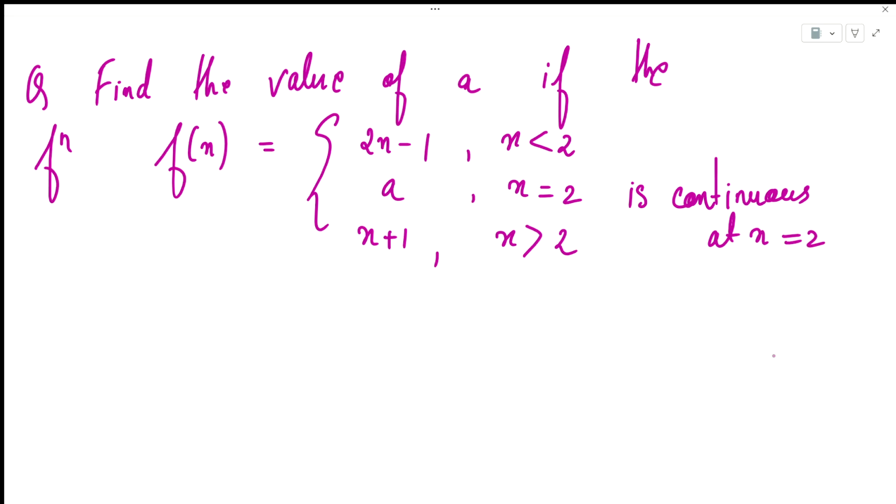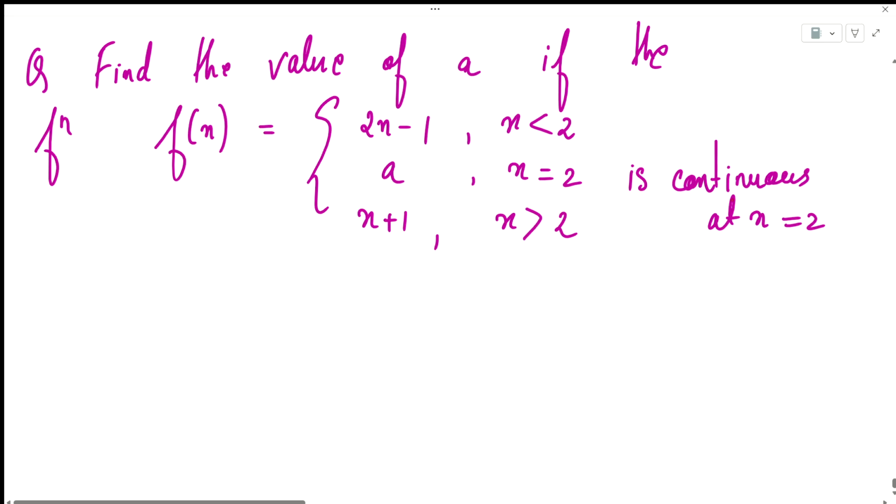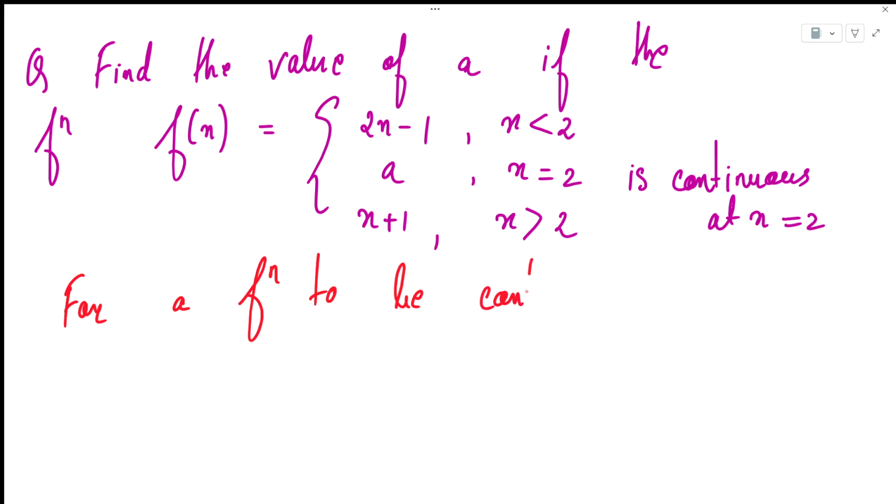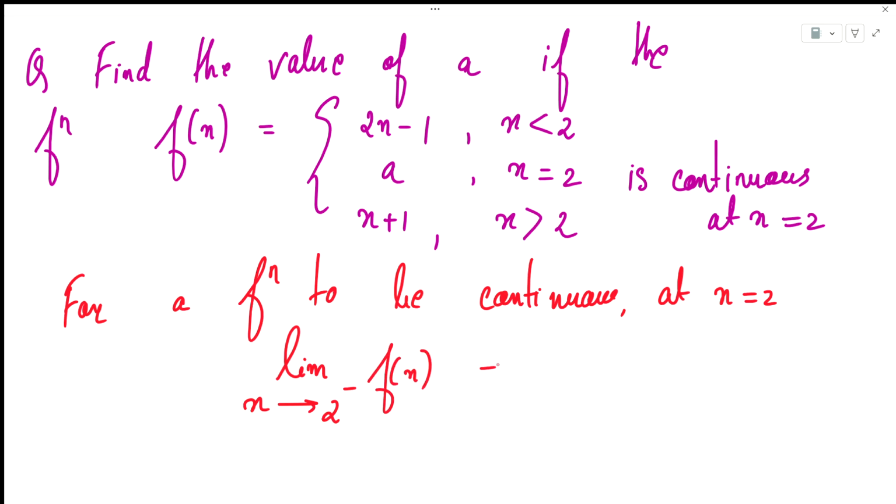So see, how do I solve this? Basically what I'm gonna do is, we are given that our function is continuous at x equal to 2. So we know that for a function to be continuous, limit x tends to 2 minus f of x will be equal to limit x tends to 2 plus f of x.